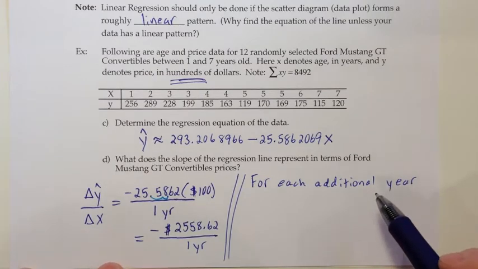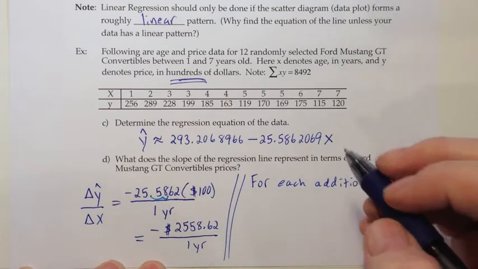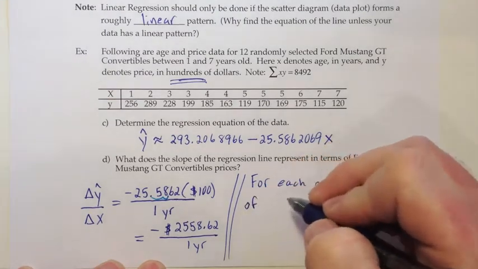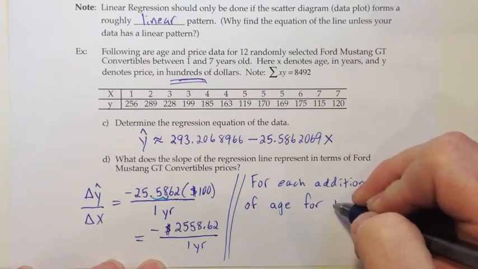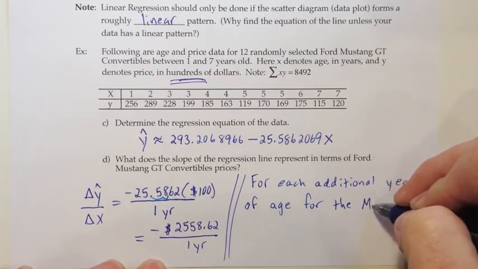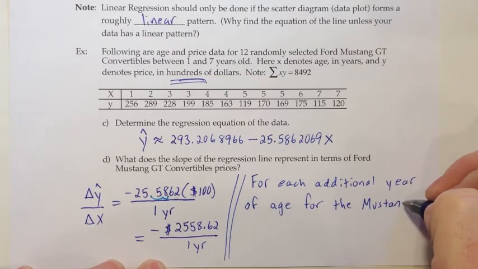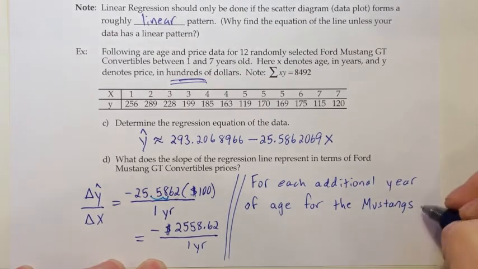And actually, just rephrasing that a little bit, instead of saying for each additional year that goes by, I'm going to say for each additional year of age for the Mustang. And I'll talk about that after we write this out. And I'll say for the Mustangs.